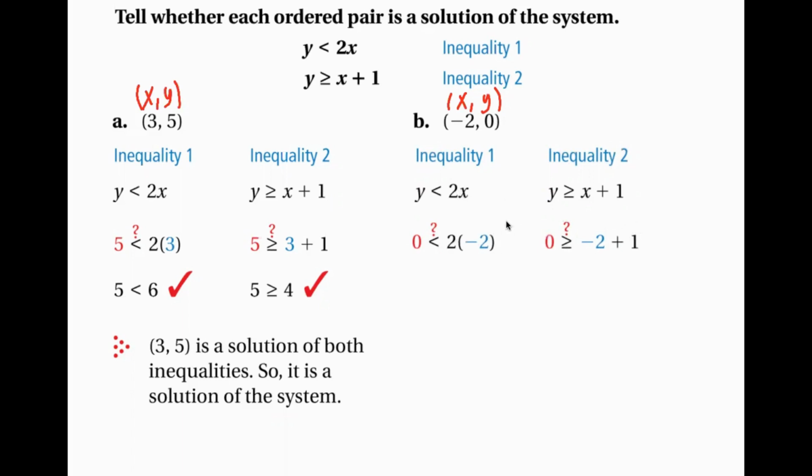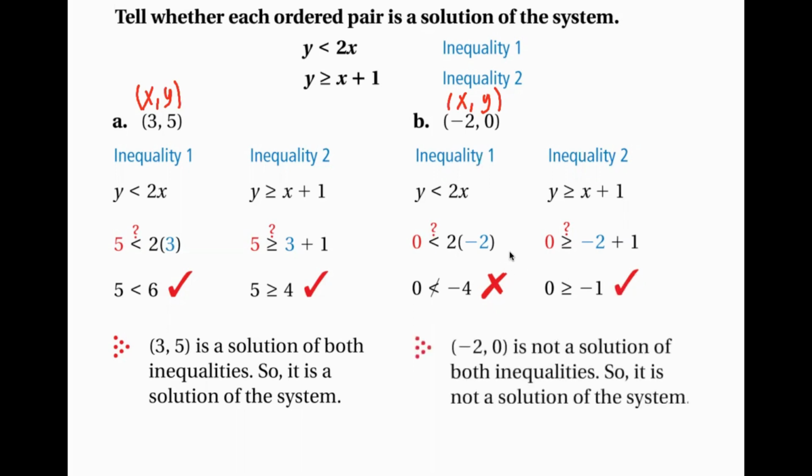2 times negative 2 is negative 4. And then negative 2 plus 1 would be negative 1. So your two final inequalities are 0 is less than negative 4, along with 0 is greater than or equal to negative 1. 0 is not less than negative 4, so that does not check out. However, 0 is greater than or equal to negative 1, so that one checks out.